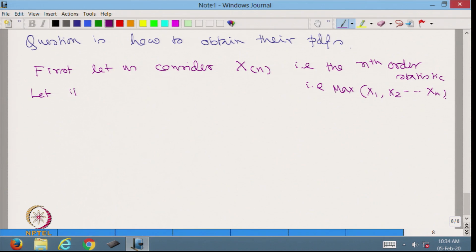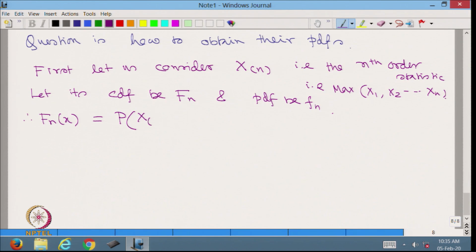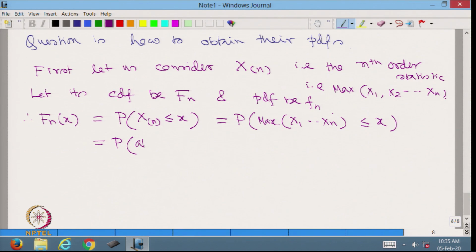Let its CDF be F_n and PDF be small f_n. Therefore, F_n(x) is equal to probability x(n) less than equal to x is equal to probability maximum of x1, x2, ..., xn less than equal to x is equal to probability all x1, x2, ..., xn less than equal to x.